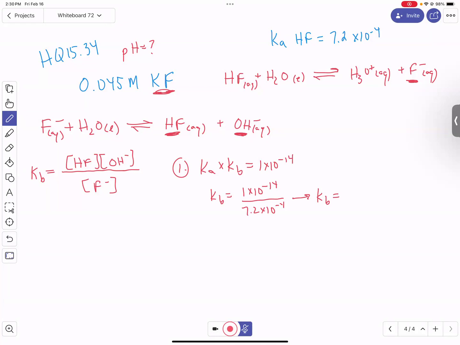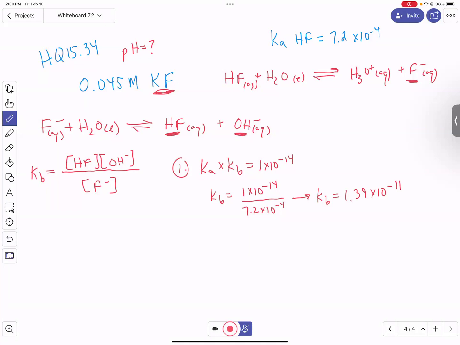They could have made this problem easier for you by just giving you the Kb or giving you the Ka. So 1 times 10 to the minus 14 divided by 7.2 times 10 to the minus 4, and we get a Kb of 1.39 times 10 to the minus 11. A really small Kb.